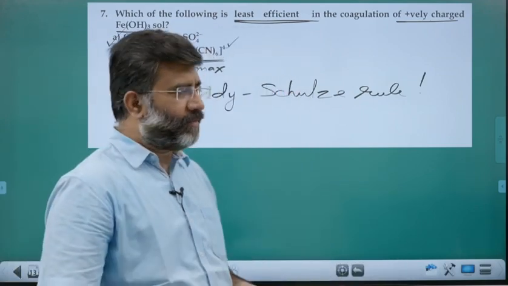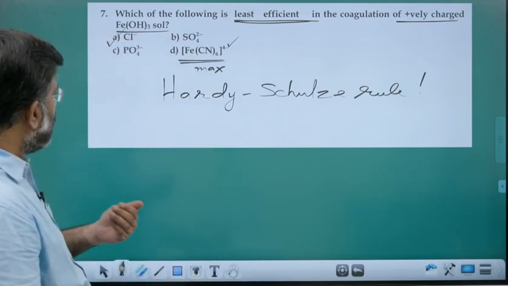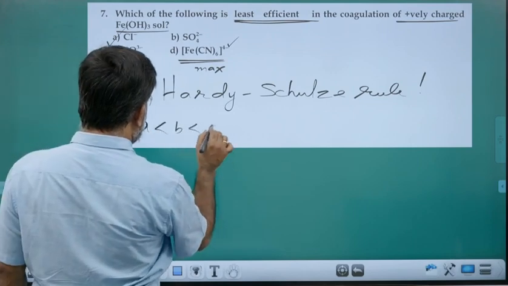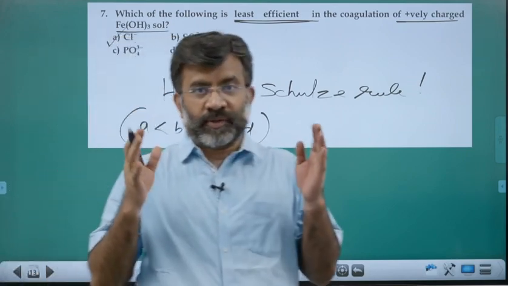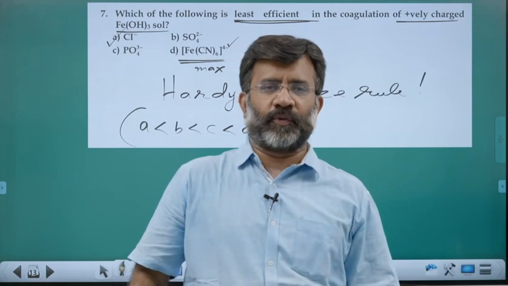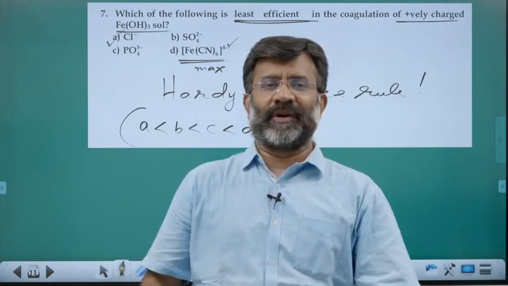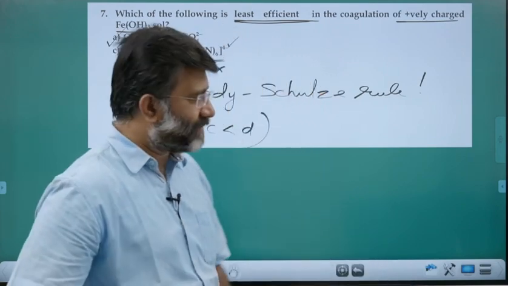After A it will be B, then C, then D. So the efficiency comes out to be A, B, C, D. D is most efficient, will have a minimum coagulating value. A is least efficient, will have a relatively high coagulating value. Okay, next.